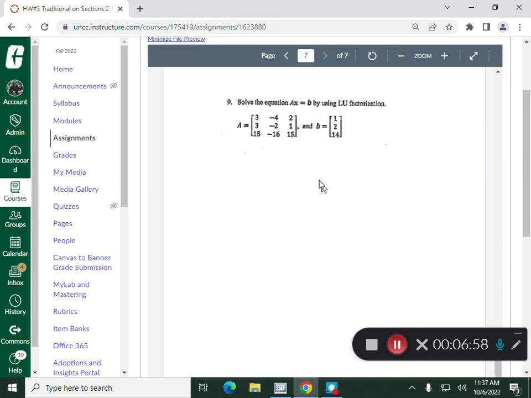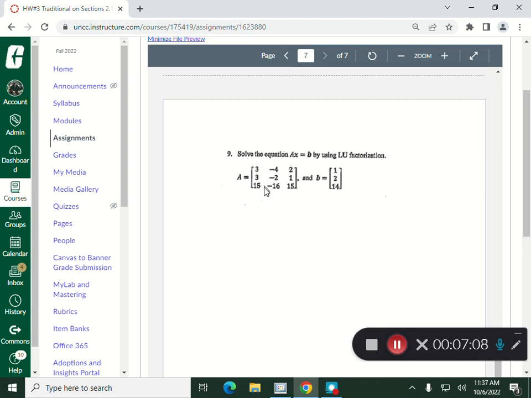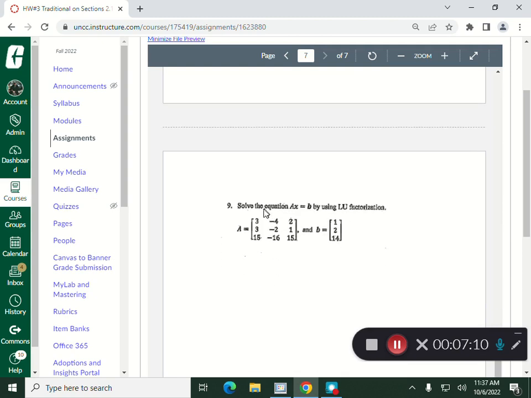All right, and then this one here, again, we're going to solve AX equals B, but I want you to do it using the LU factorization of this guy, okay? So find the LU factorization, and then remember this procedure that we did to solve for X. So it's AX equals B. The whole purpose of this is to actually save some time.